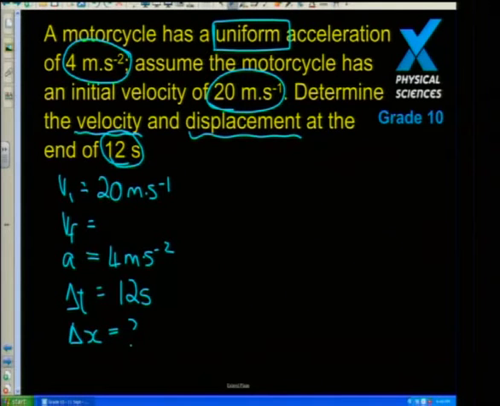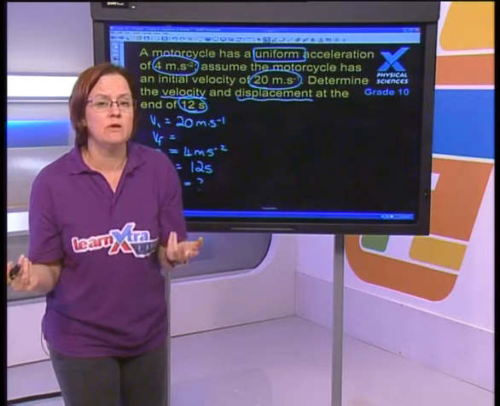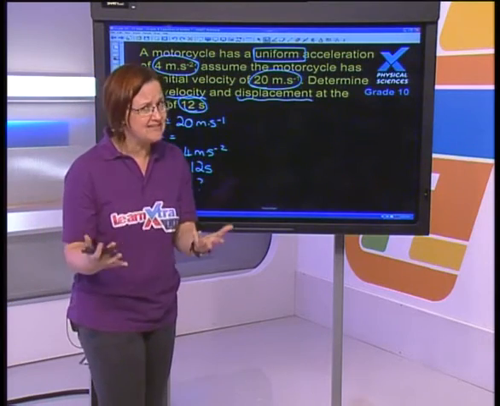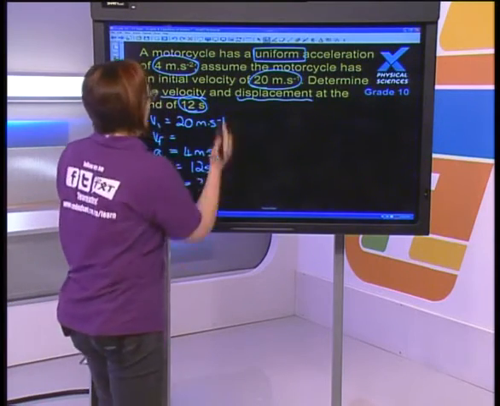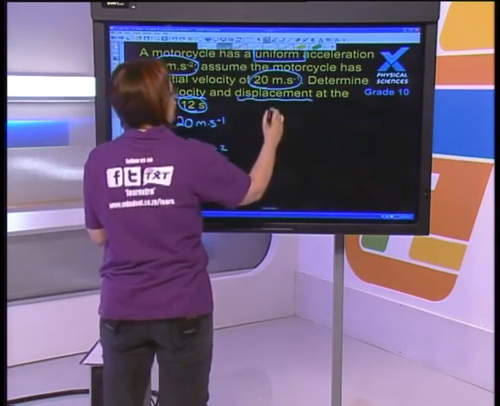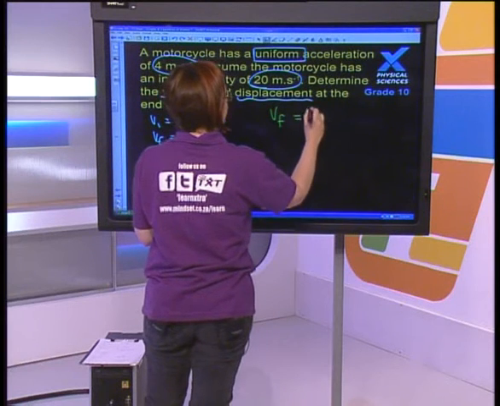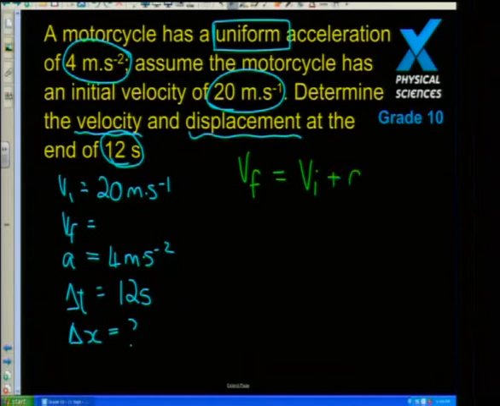Didn't say which order you had to do this in, so it doesn't actually matter, but let's start with VF. You go back to your equations, and we don't want to use an equation with delta X in it. I don't know delta X, so I can't use displacement, but I do have an equation which says to us that VF equals VI plus A delta t, where VI, they said to us, was 20.